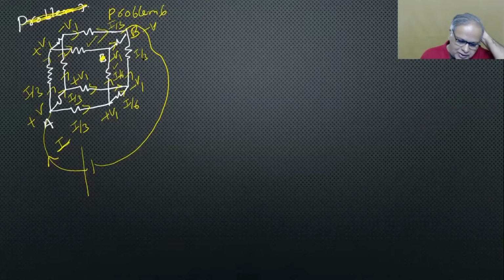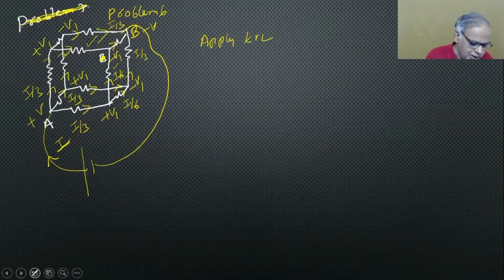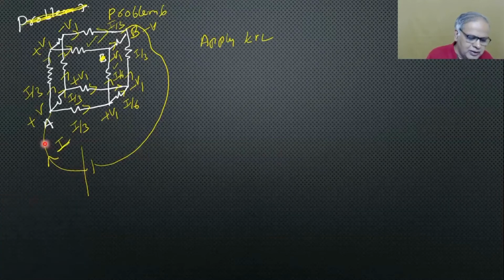So let me write Kirchhoff's voltage law. Apply KVL. For example, I'll show it by highlighter there. I do not have to put anything. This one I'm writing. Can you see that? Yes, sir.